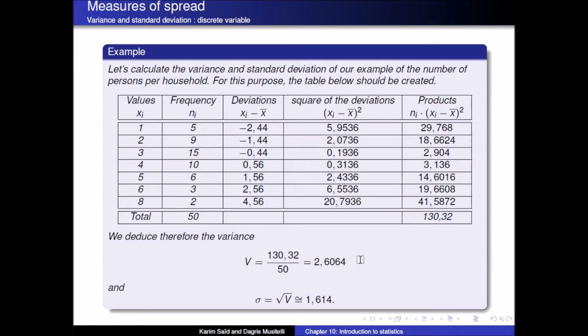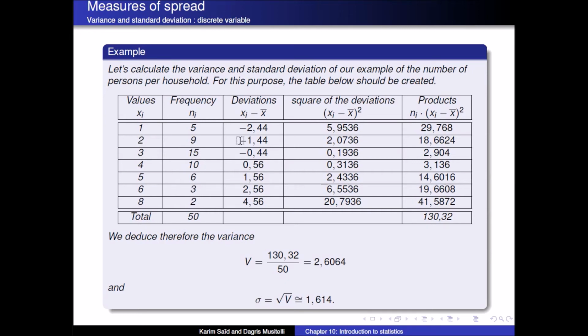Let's see an old example we used. So here we have a number of people living in a household. So we have 5 times 1 person living in a house, 9 times 2 people living in the house, 15 times 3 people living in the house, and so on and so on.